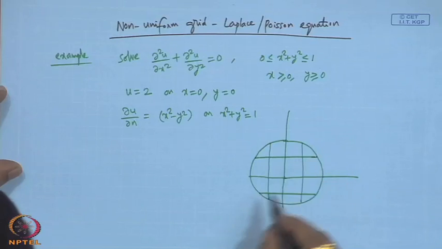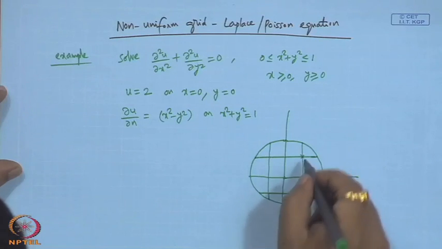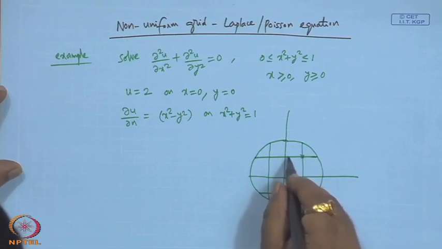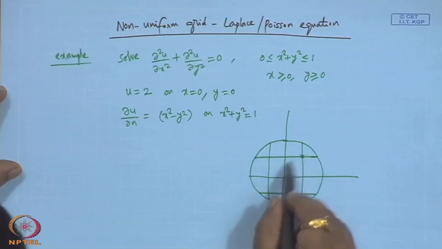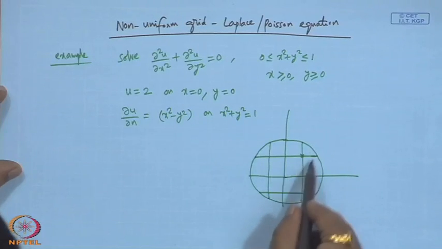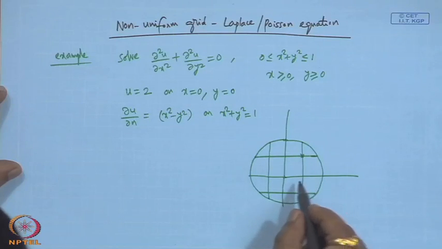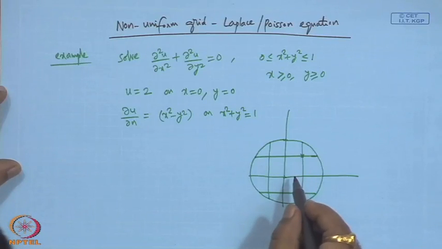So, if you consider this as u i j, then these two are having equal length and these two are having equal length. However, the step sizes are non-uniform. So, we cannot use our regular technique. So, we have to come up with a slightly modified technique. So, we will address this.